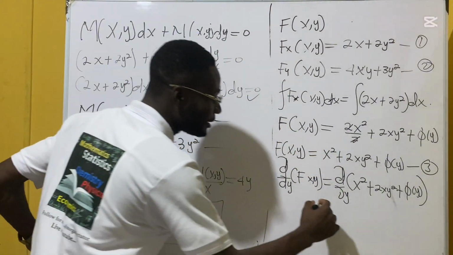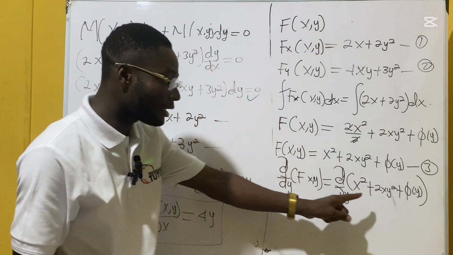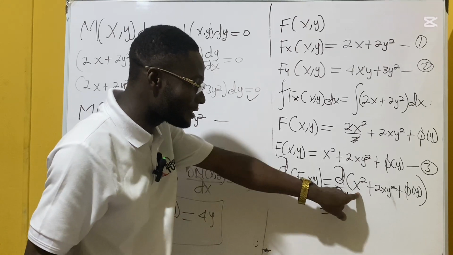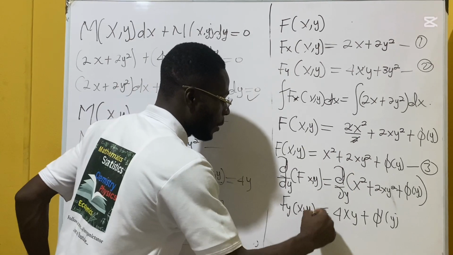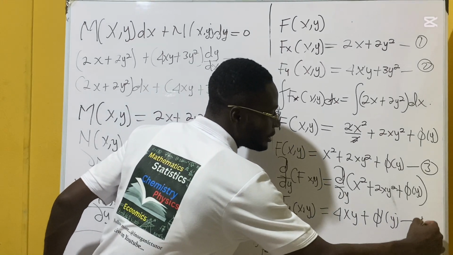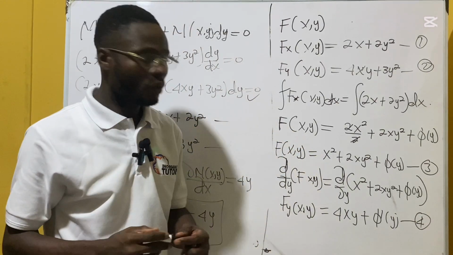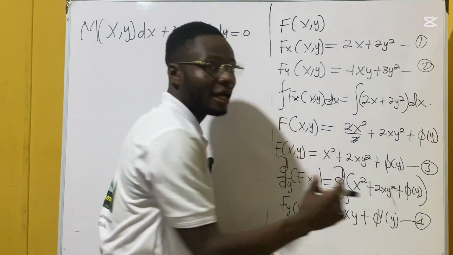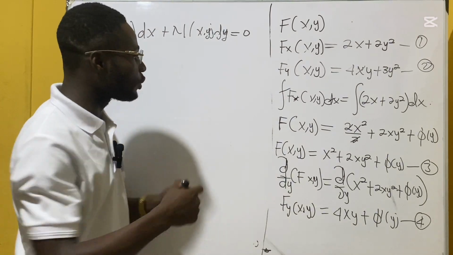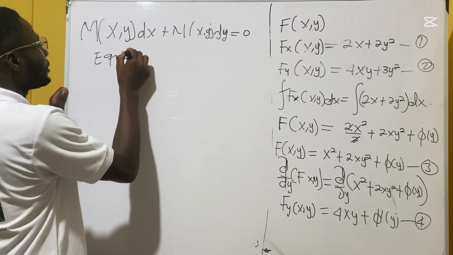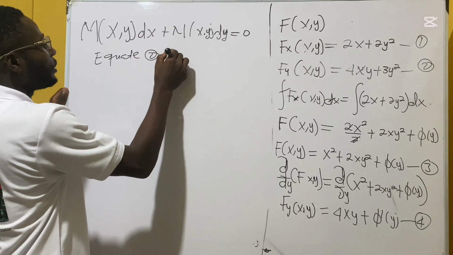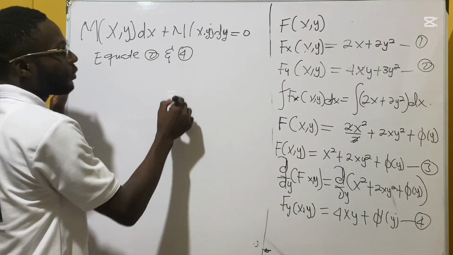Partially with respect to y means that the x squared term will go, and we name this equation 4. Equation 2 and equation 4 are the same, so we can equate them.